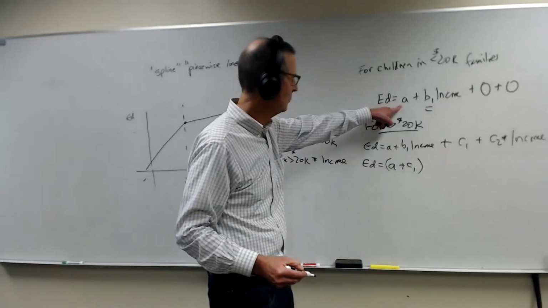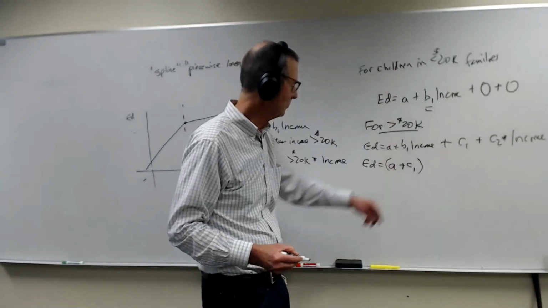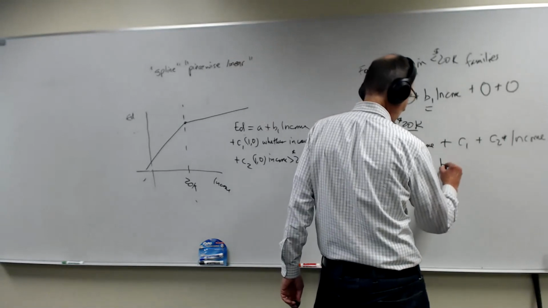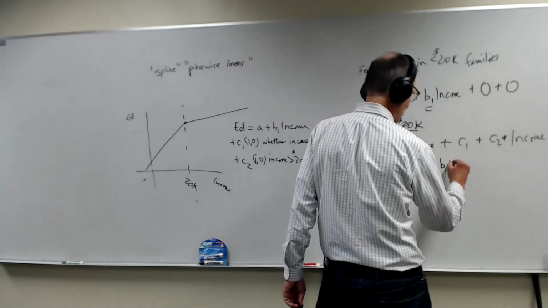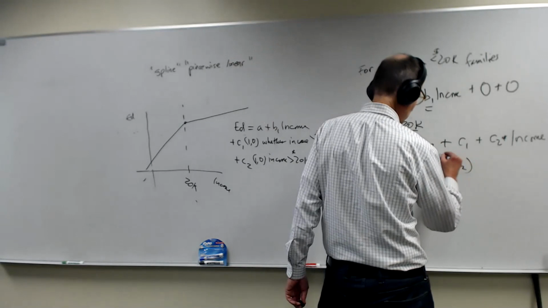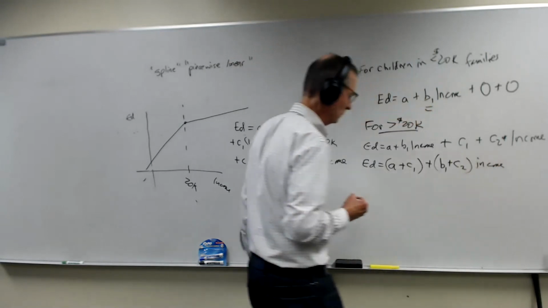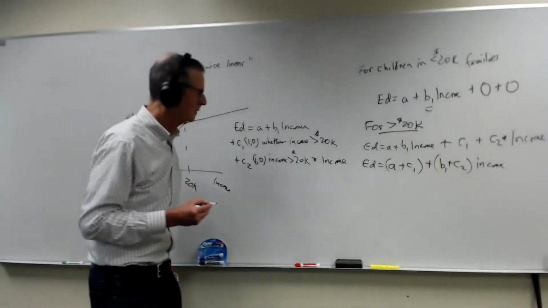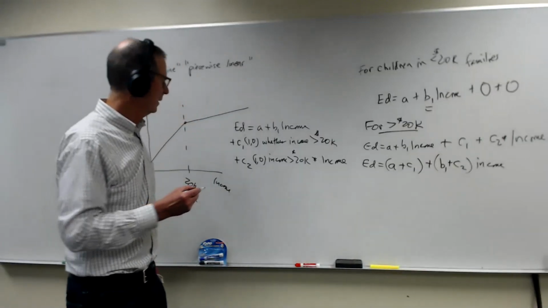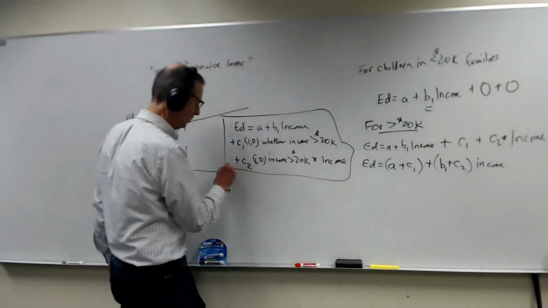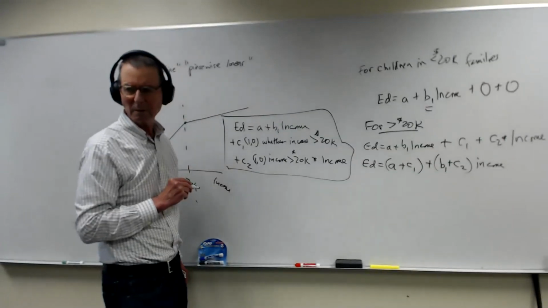Before the constant was just A for this group, now it's A plus C1, plus, and now the coefficient on income is B1 plus C2 times income. All right, and it all comes from just estimating this equation.